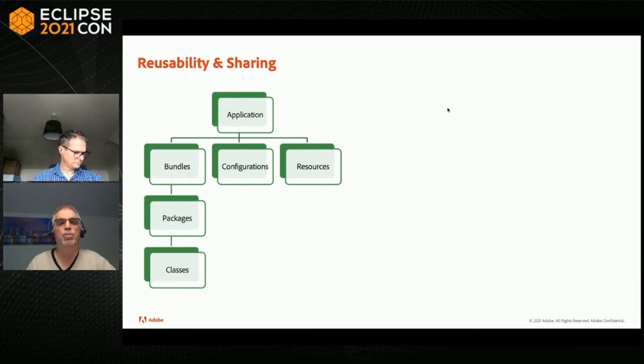Without features, a typical application consists of bundles, configurations, and maybe other resources that you're using in your application. Bundles are made up of packages, and packages have classes. Now, if you want to share parts of these applications with others, you would specify all these individual things and all the details, and it probably goes wrong at some point in time.